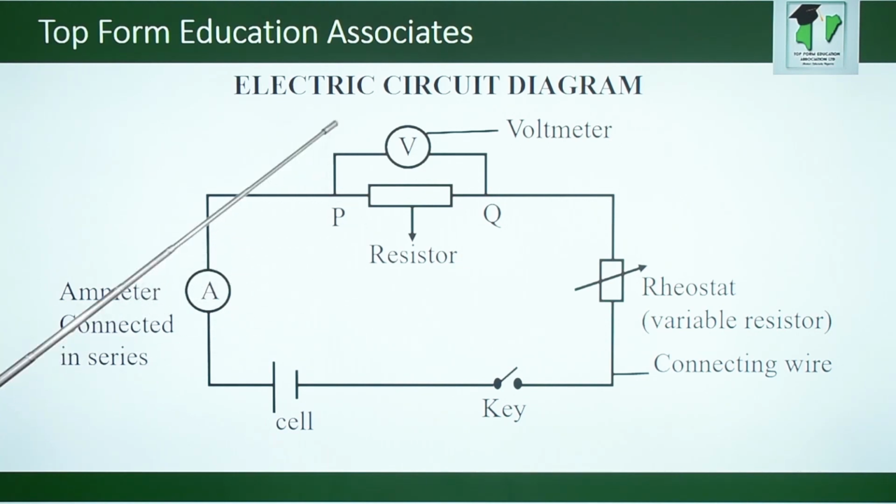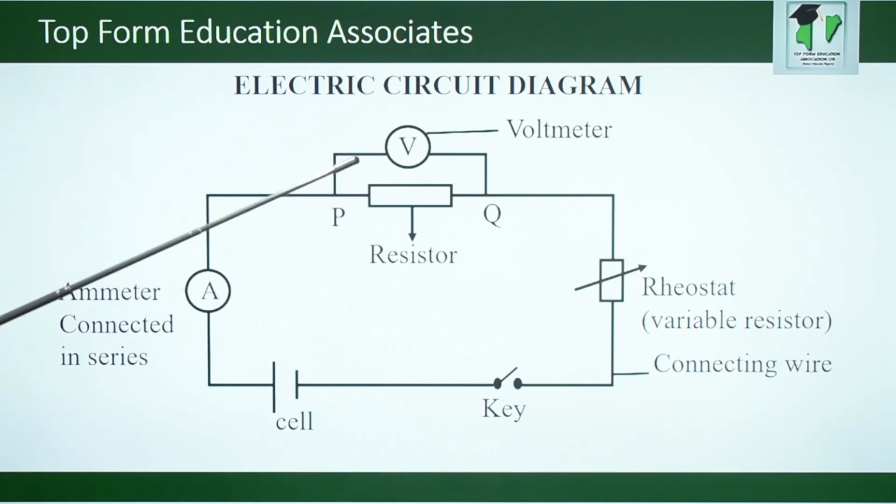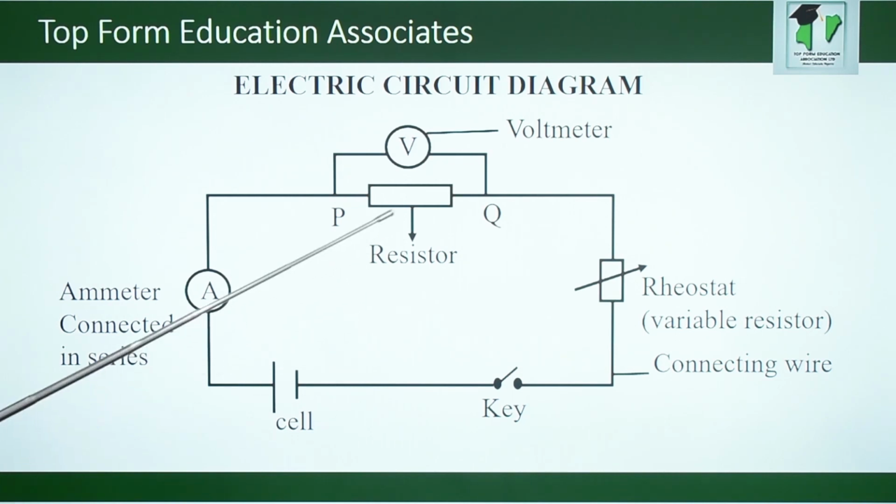The voltmeter is connected across the two ends of this resistor to measure the opposition it offers to the flow of current. Are you getting it?